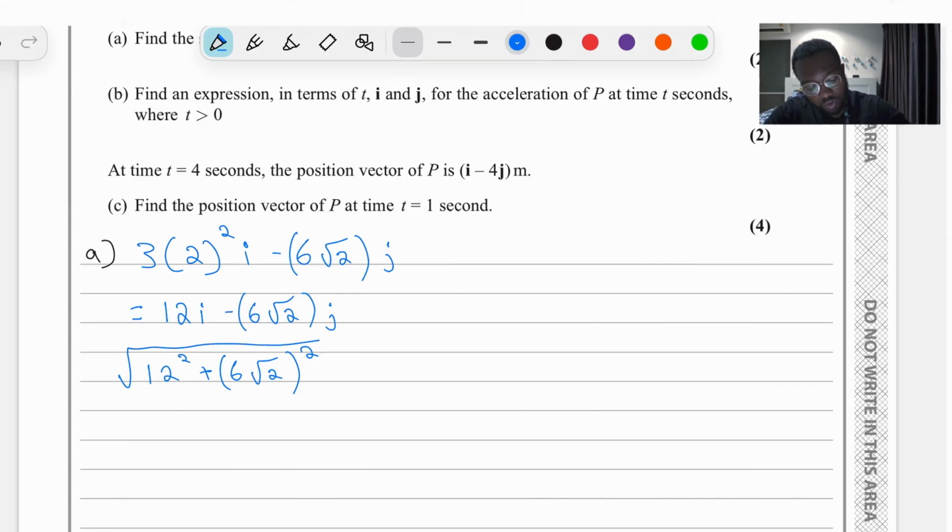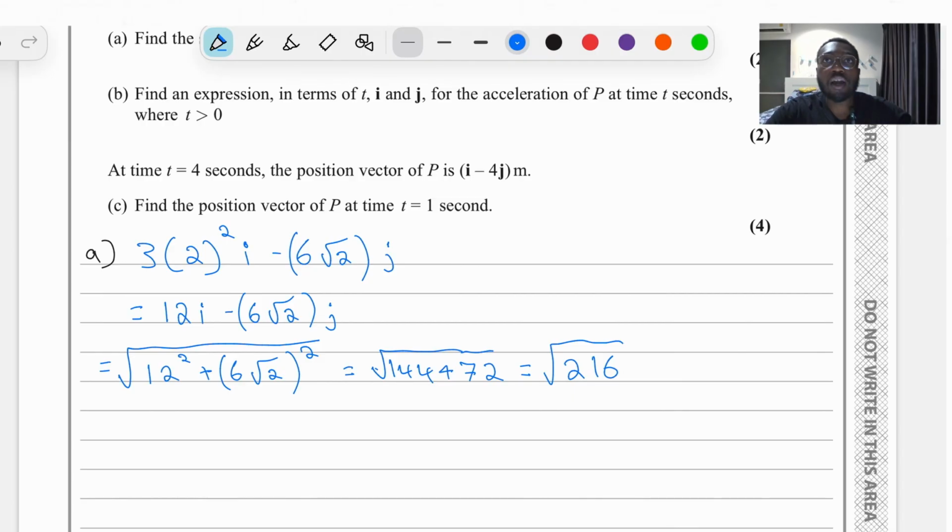If you work that out, you get the square root of 144 plus 6 root 2 squared, which is 36 times 2, so 72. So we have the square root of 144 plus 72, which is 216. Now we have the square root of 216.